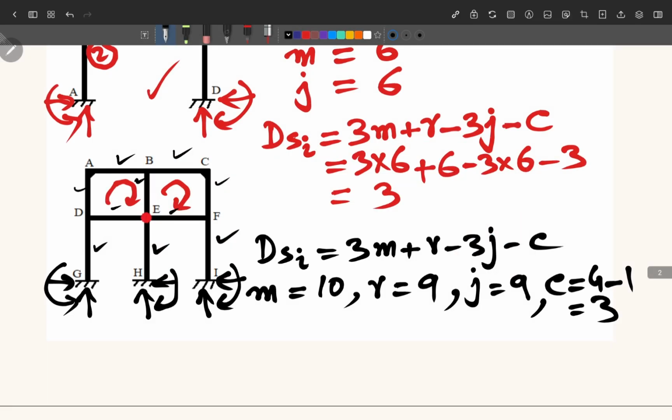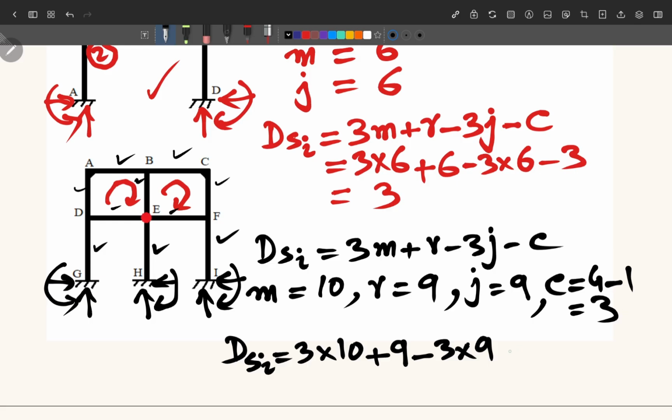Now we will substitute these values in this equation. The degree of static indeterminacy is equal to 3m, so 3 into 10, plus r equal to 9, minus 3j, j equal to 9, minus c, and c is equal to 3.